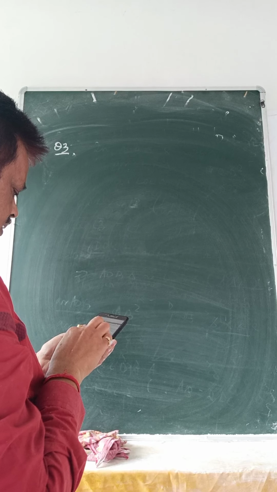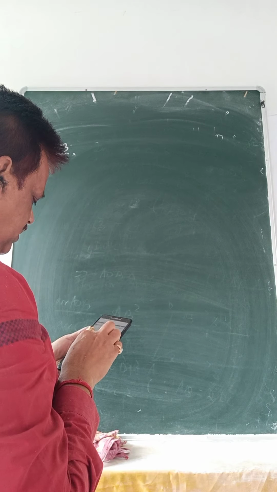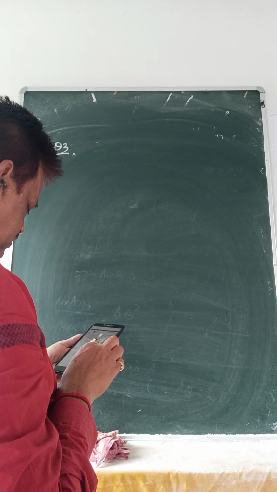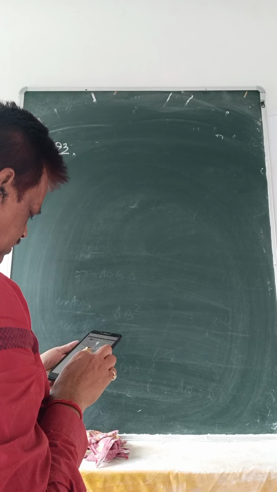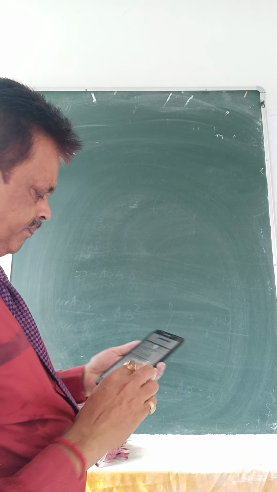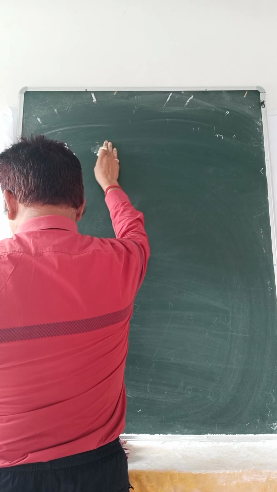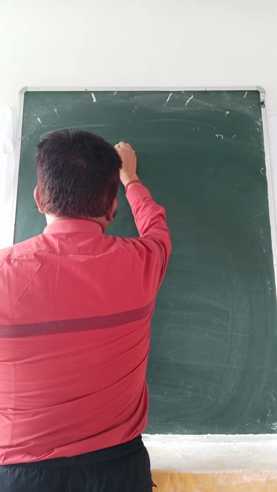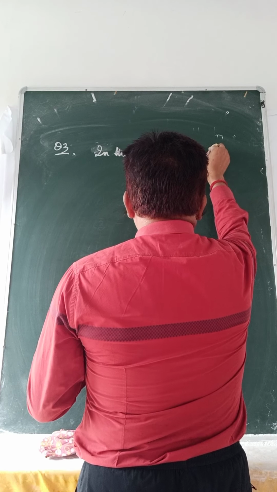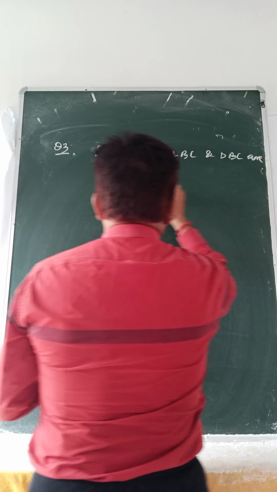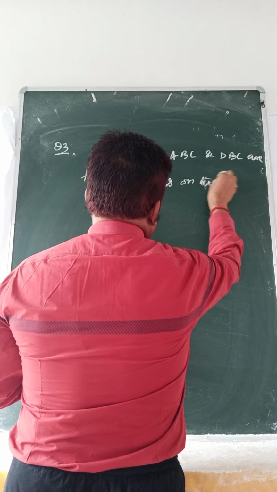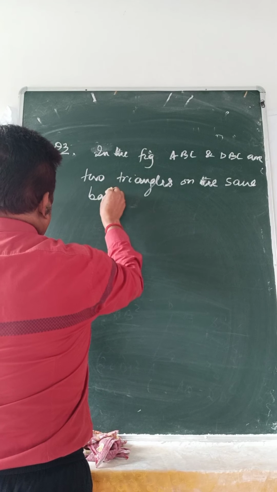In the given figure, ABC and DBC are two triangles on the same base BC.